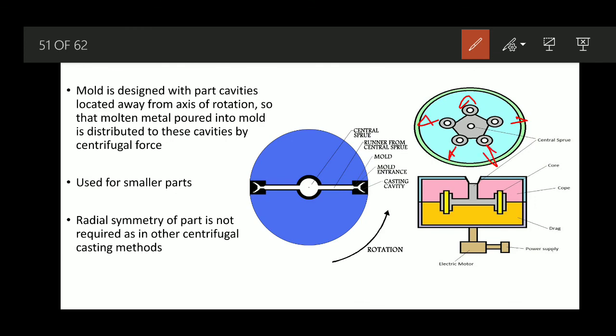So centrifugal force will once again be there. We can have the sprue here. Sprue means just like in the case of investment casting, if you recall. Here, in a single case, multiple molds are there. So this is the distinction.